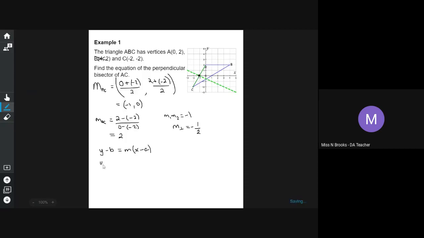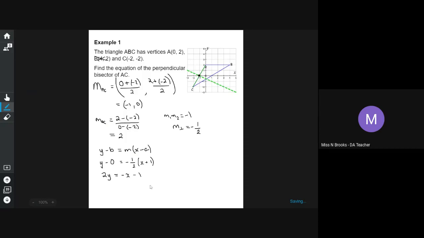So we've got y take away 0 equals -1/2, and then we've got x, and it's -1, so it's going to be +1. Now remember, we don't like fractions at Higher, so we're going to get rid of that divide by 2 by multiplying this side by 2. So we're going to end up with 2y equals, and then multiply out our brackets, negative x, take away 1.